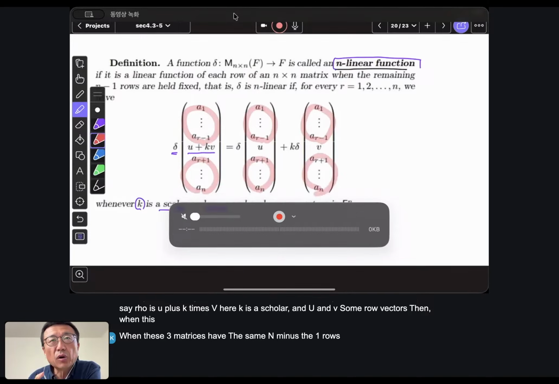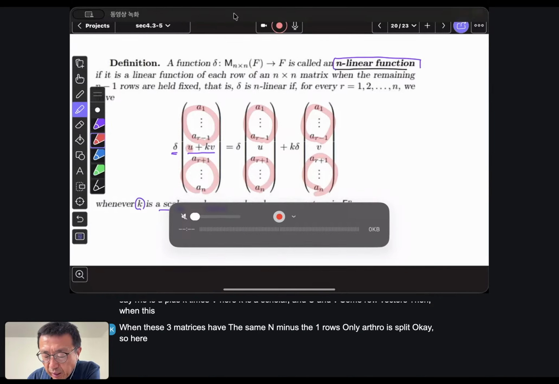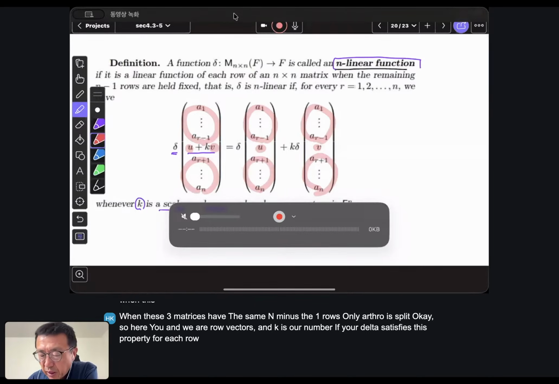Only the rth row is split. So here u and v are row vectors, and k is a number. If your delta satisfies this property for each row, then we say your delta is an n-linear function.